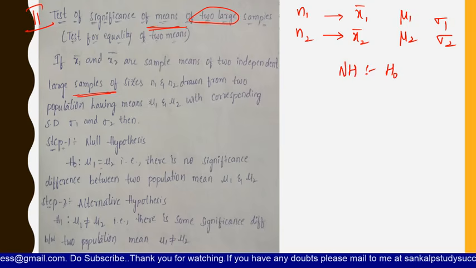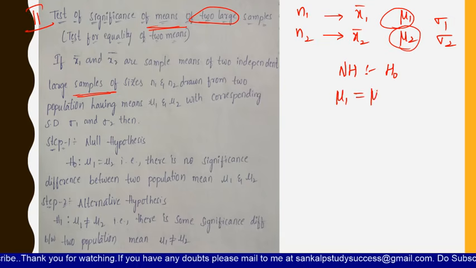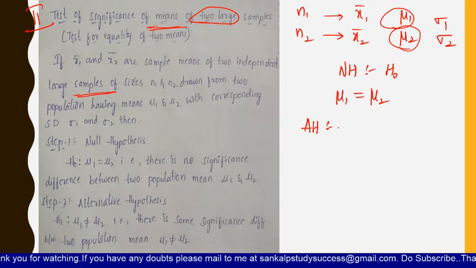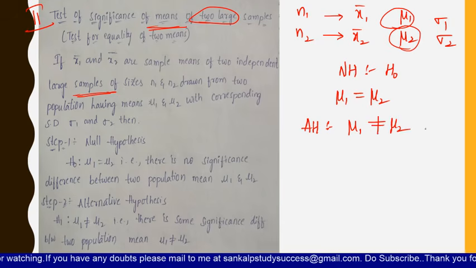Here mu1 is equal to mu2, because previously we were having only one mu. In that case we considered mu equals mu0. But here we are having two means, so we consider mu1 equal to mu2. And the alternate hypothesis becomes exactly opposite to the null hypothesis, where mu1 is not equal to mu2.